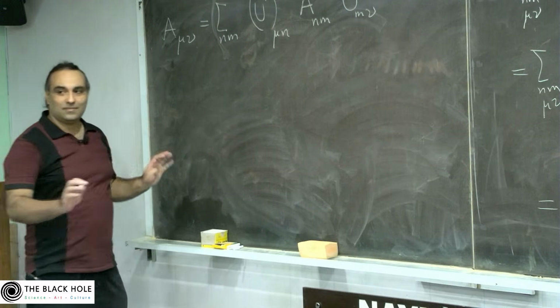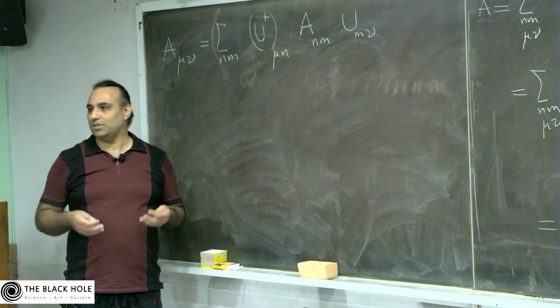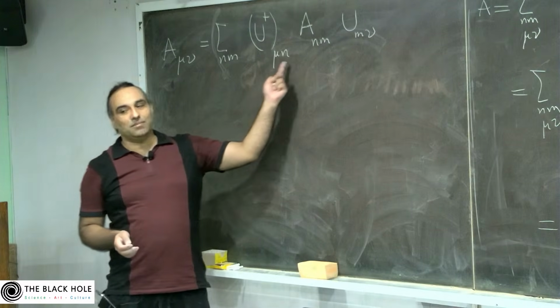Now let me first tell you, if you multiply two matrices using simple matrix multiplication rules, then this is the form that you get.